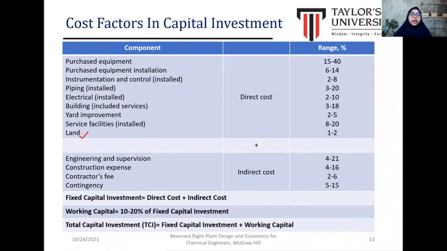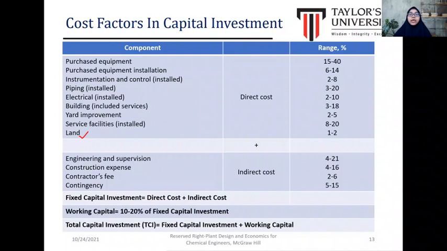And for the indirect cost, it depends on the project, and we can see that the range is within 4 to 20%. And the fixed capital investment can be obtained by totaling the direct and indirect costs.